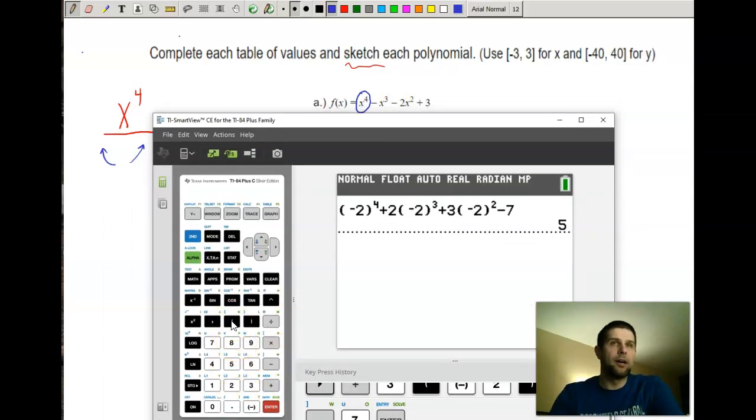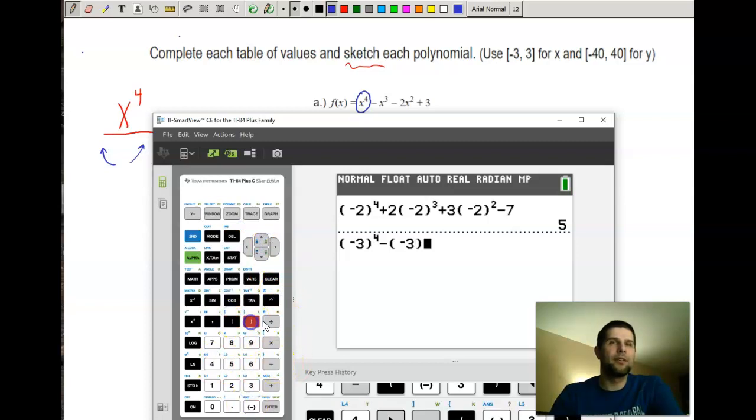So let's say -3 to the fourth minus -3 cubed minus 2 times -3 squared plus 3.